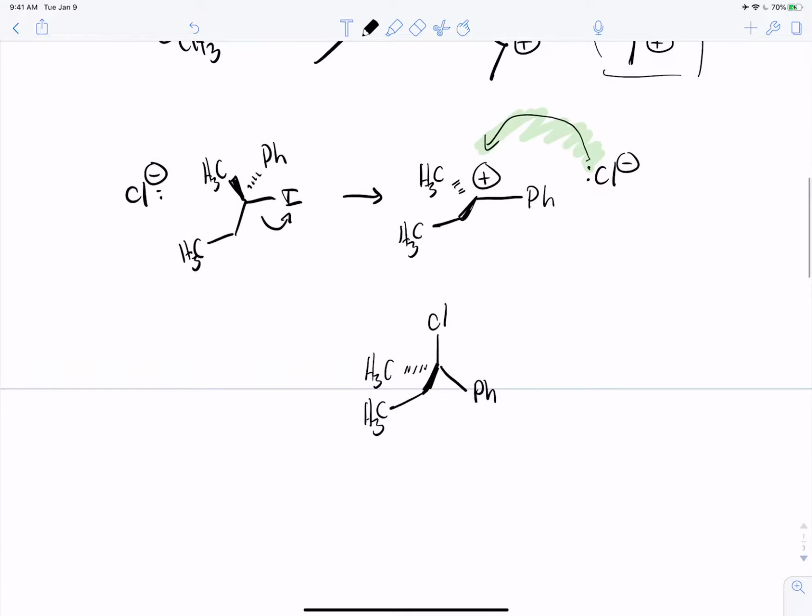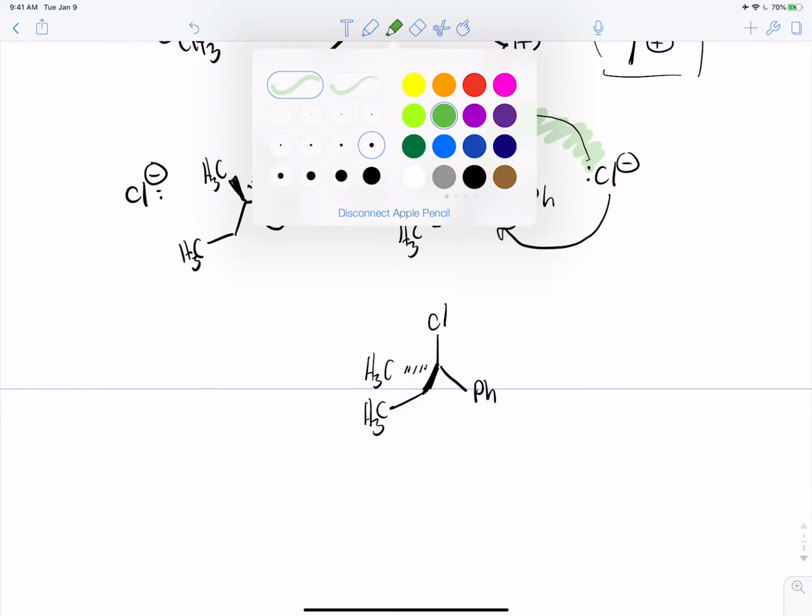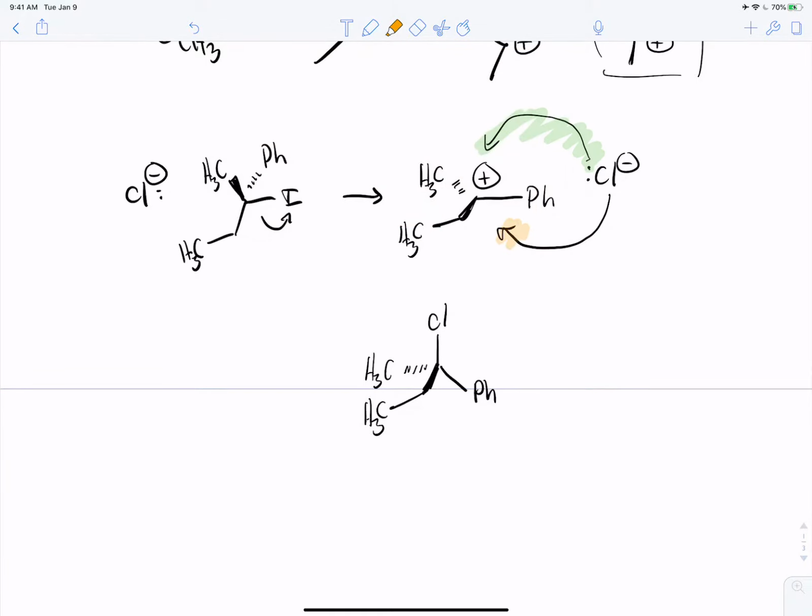Okay, and you can check that for yourself if you want to assign R and S to that. If it comes from the other side, so different reaction, obviously, it can't approach both at the same time. But yeah, if it does this first one, this is what we end up with.